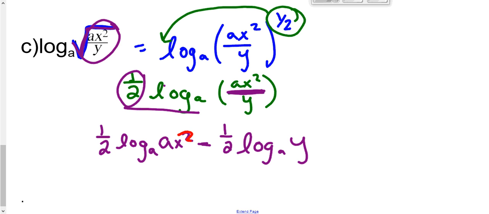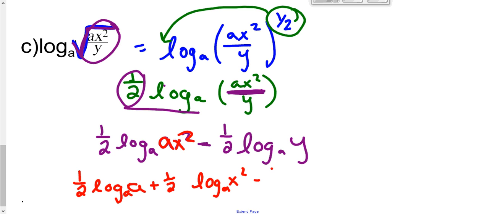There is a squared, but notice it's only on the x, it's not on the a. So first we have to separate the a and the x, and then we can bring the squared down. So again, 1/2 on everything, 1/2 log base a of a plus 1/2 log base a of x squared minus 1/2 log base a of y.